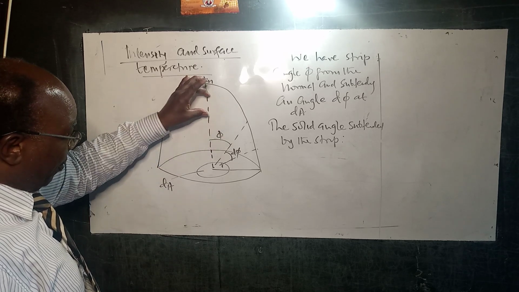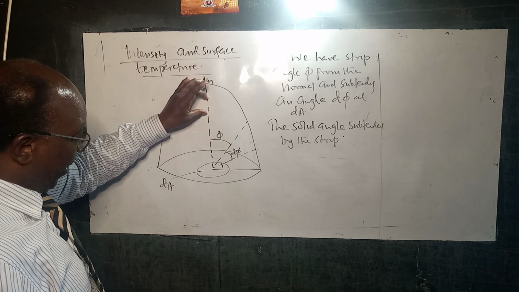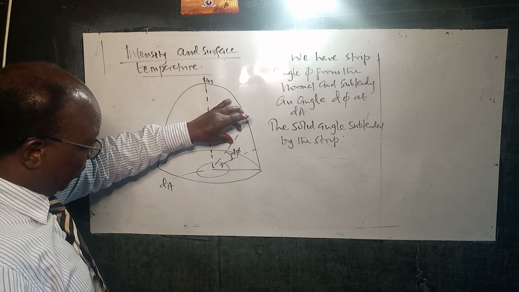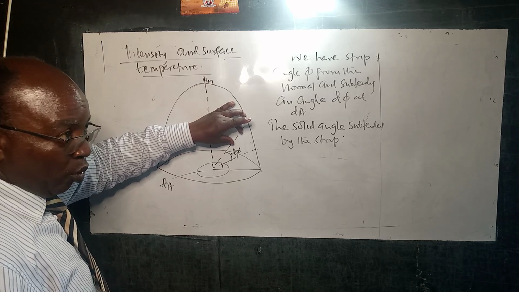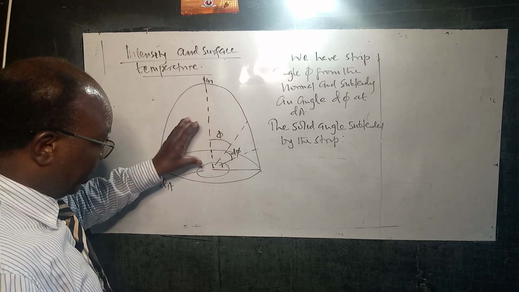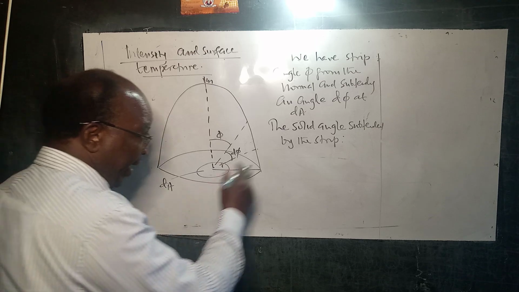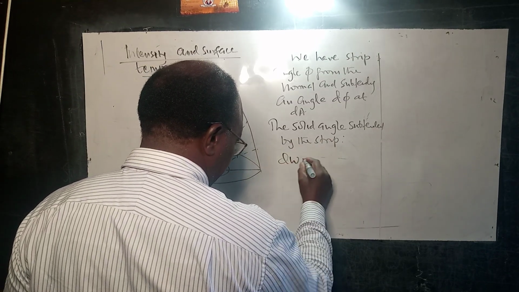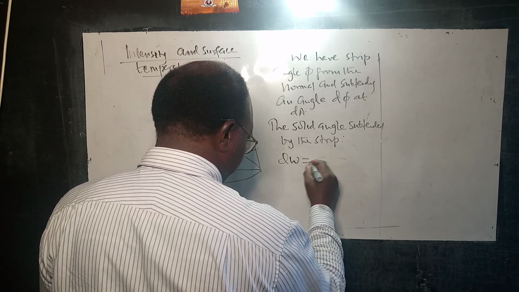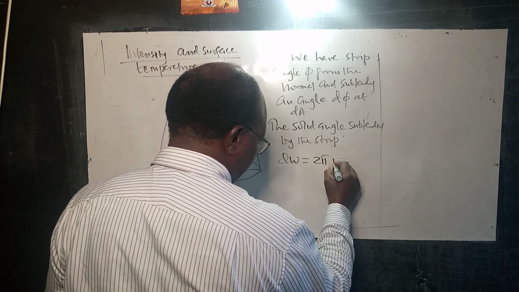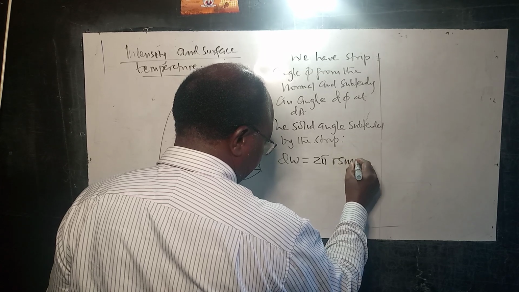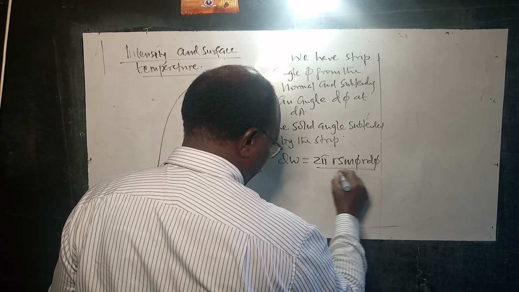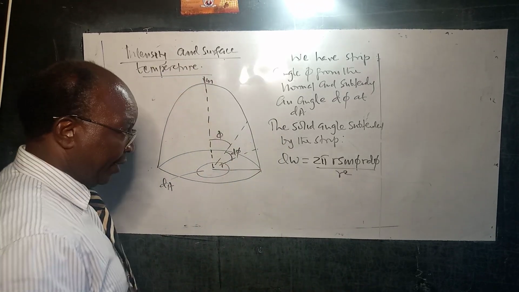We say that, for example, area element dA1 subtended an angle dA1 over r squared, and the other one, dA2, subtended an angle dA2 over r squared. So the solid angle subtended by the strip on dA is given by d omega, which would be 2 pi r sine phi, r d phi, over r squared.